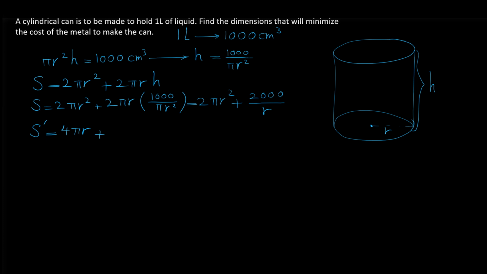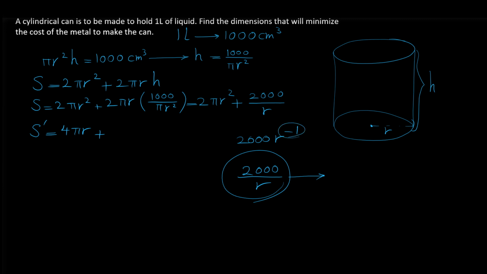Plus, we can find the derivative of 2000 over r with the quotient rule, or instead we can write this as 2000 times r to the -1, and then use the power rule.